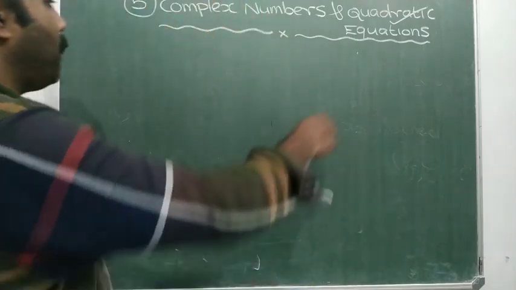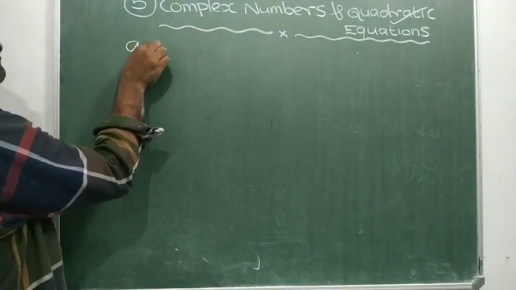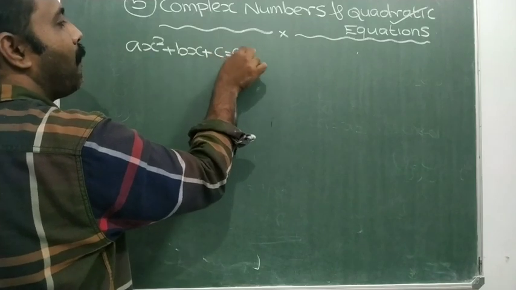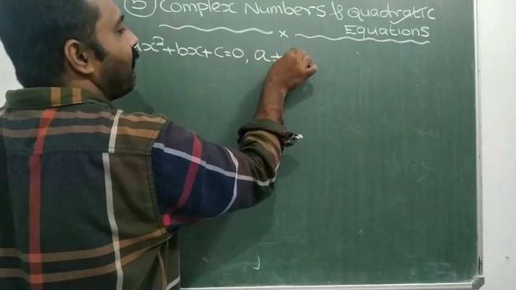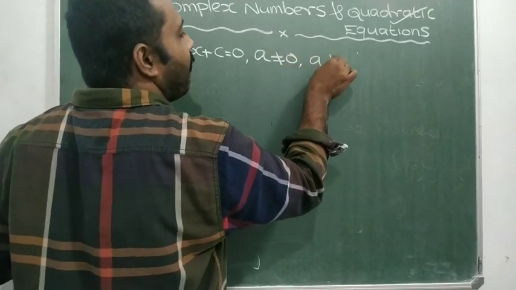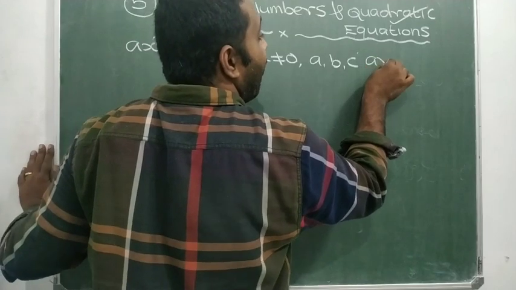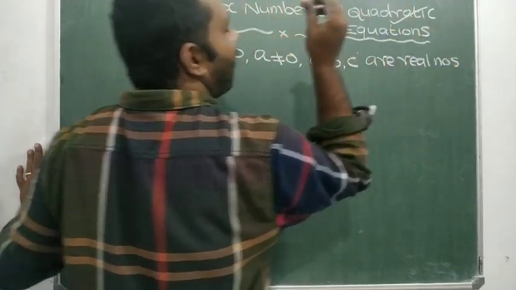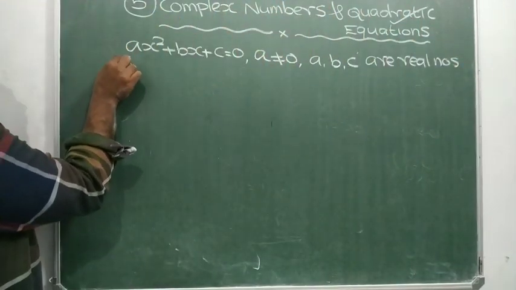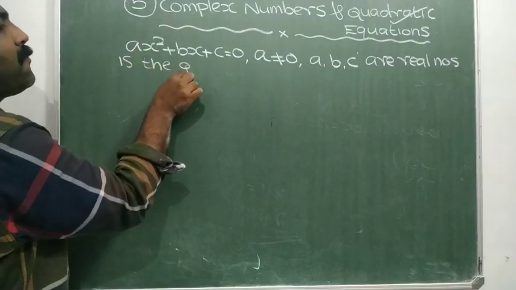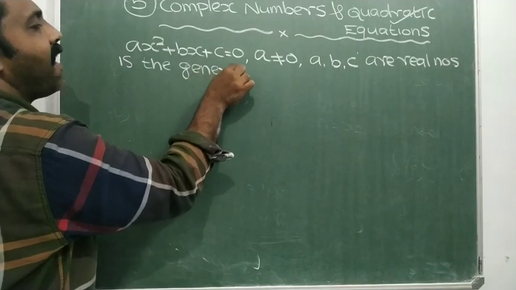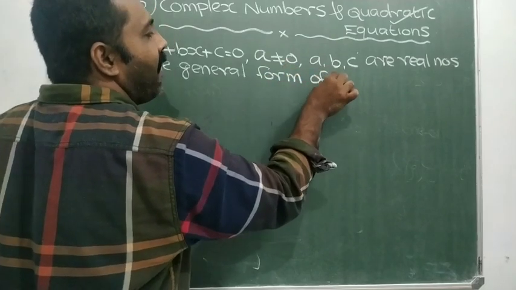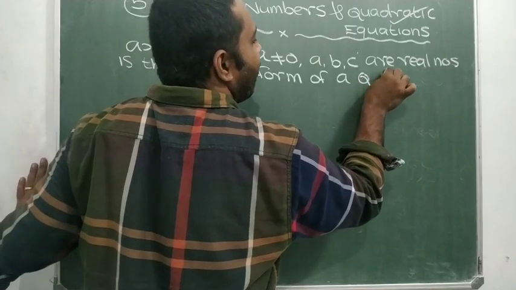Second degree equation. ax square plus bx plus c is equal to 0, a not equal to 0, a, b, c are real numbers, is the general form of a quadratic equation.